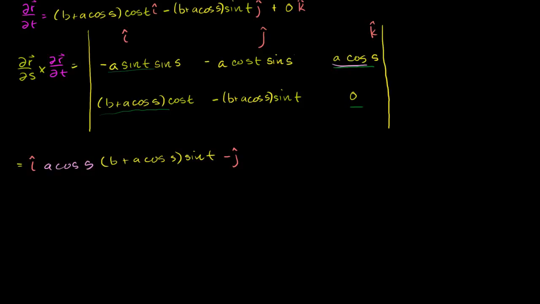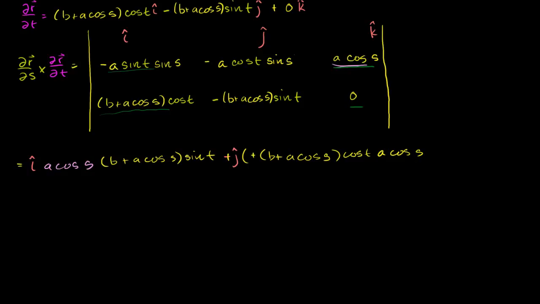So the negative, so times negative b plus a cosine of s, cosine of t, times this one, a cosine of s. We'll clean it up in a little bit. You see this negative and that negative will cancel out. And then finally, the k term.